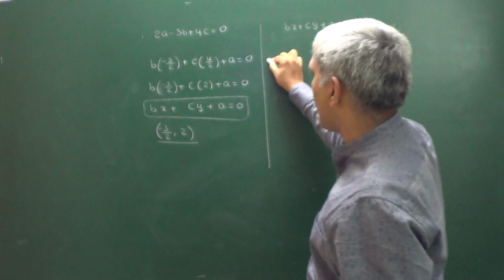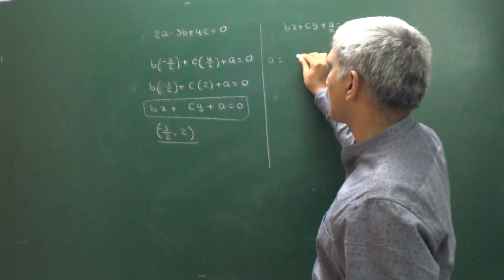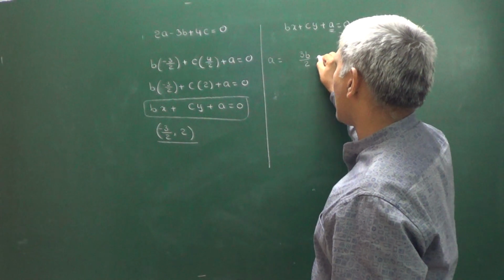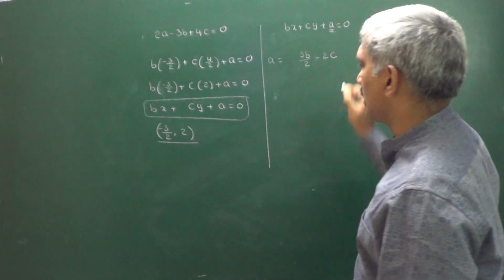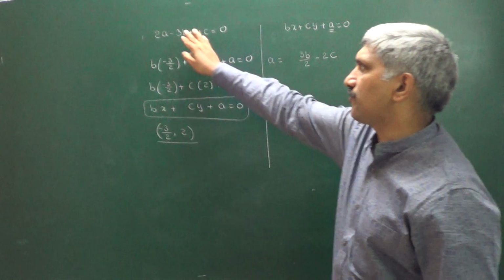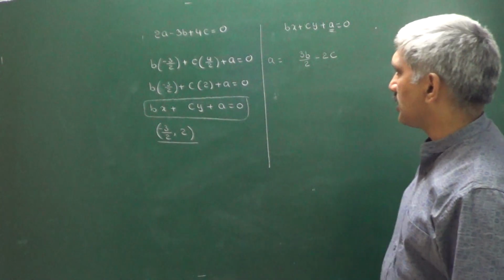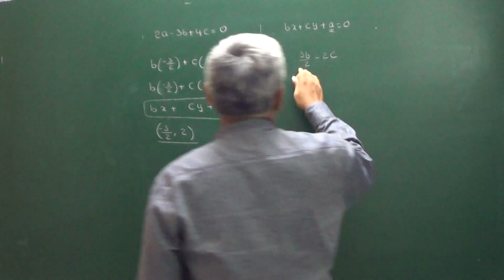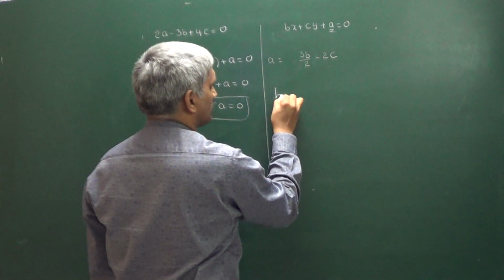From this I can write A is equal to 3B by 2 minus 2C. Agree or not? Because shifted to this side, that's why A is equal to 3B by 2 minus 2C. Substitute the A value there, then what happens?